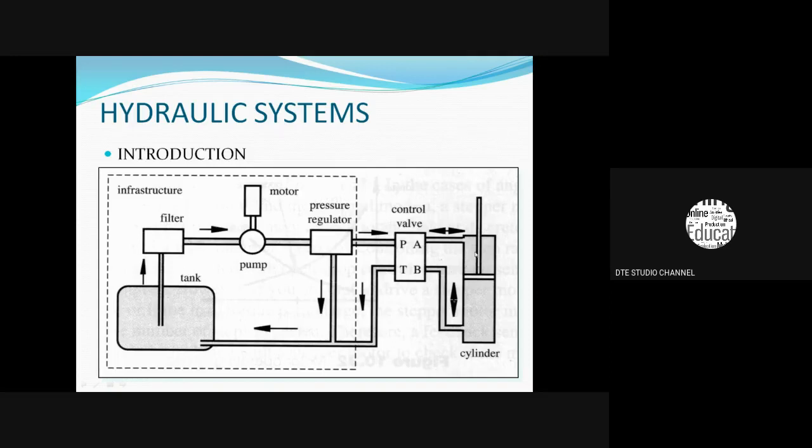In the same stroke, the fluid present at the other end of a piston is returned back to the reservoir from A to T. So, in the second position, P communicates with B and A communicates with T. Like this, the direction control valve is used to change the direction of flow of fluid into the actuator.